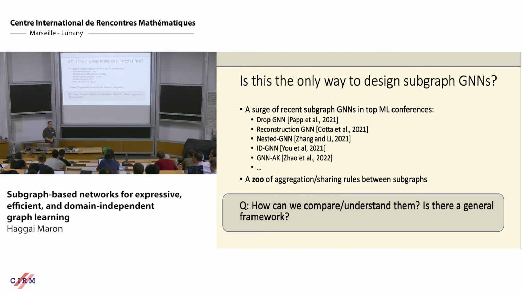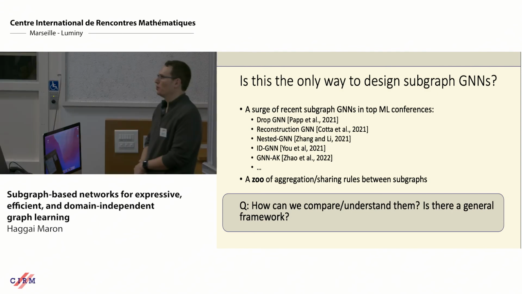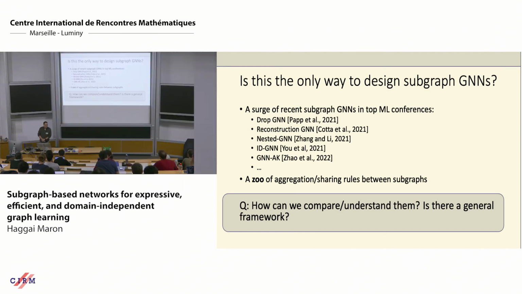All of those papers show that those networks are better than standard message passing. What we tried to think about at that point was whether there is some pattern here, whether we can find some framework that will generalize them all and compare all of those methods. This is what we did in the second paper that is going to be presented at NeurIPS in a few weeks.